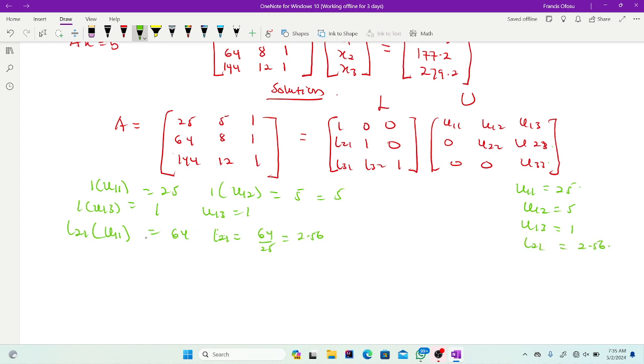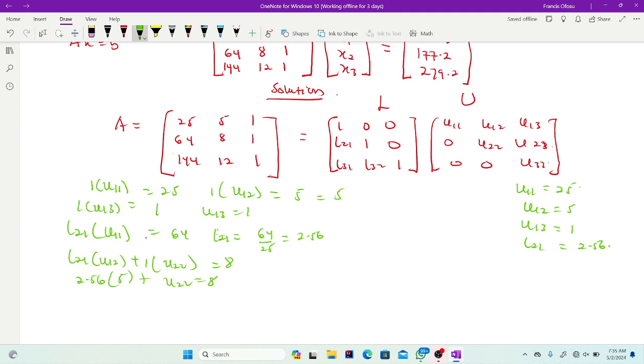Okay. Then the next thing is the same row multiplying the second column. You get L21 multiplying U12 plus 1 multiplying U22, and this should give us 8. You know that L21 is 2.56, and 2.56 multiplying U12, which is 5, plus U22 is equal to 8.